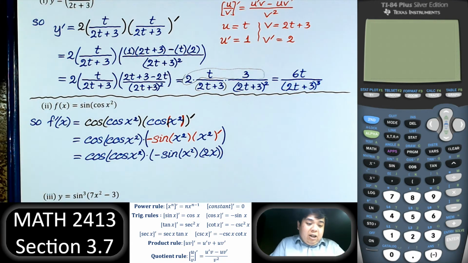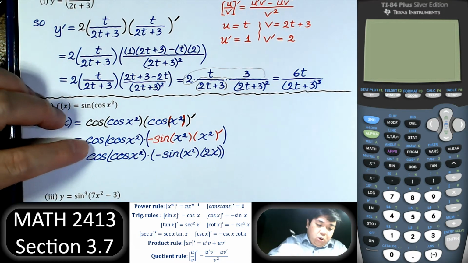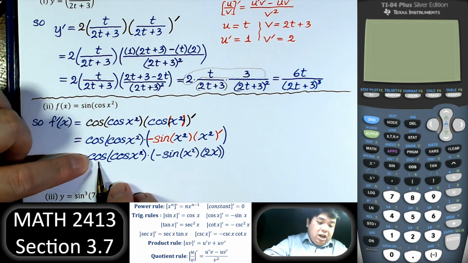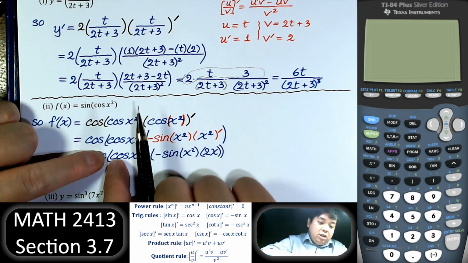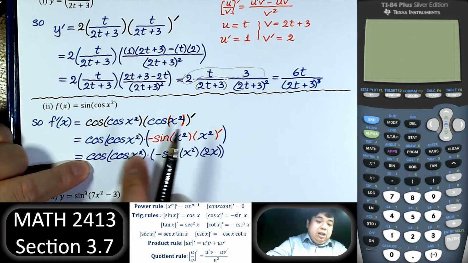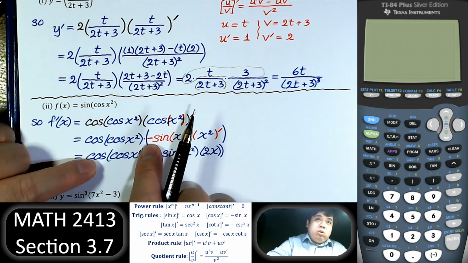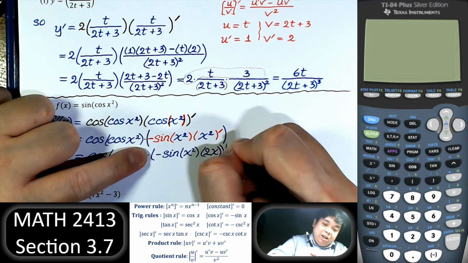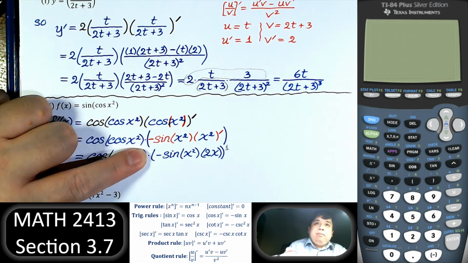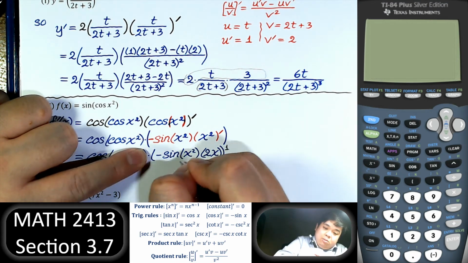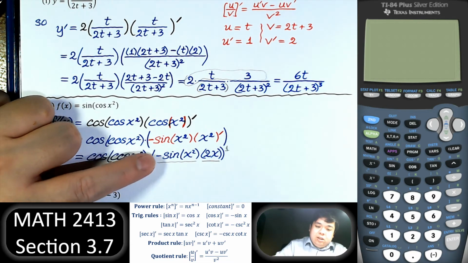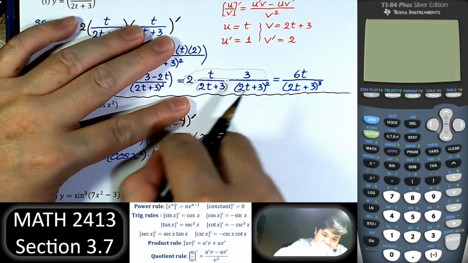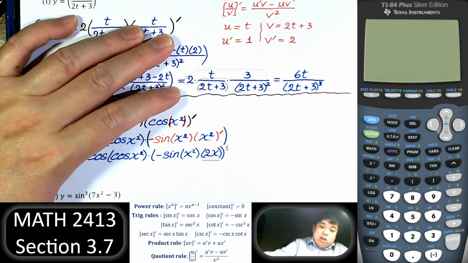So we have that. Once again, cosine of x squared, with x squared inside the cosine. We're not going to mess with that because it belongs to the cosine. Likewise, if it has any power, we cannot mess with that. This though is to the first power, right? So we have the 2x multiplied with this. Again, x squared is inside the sine, so we do not mess with that.